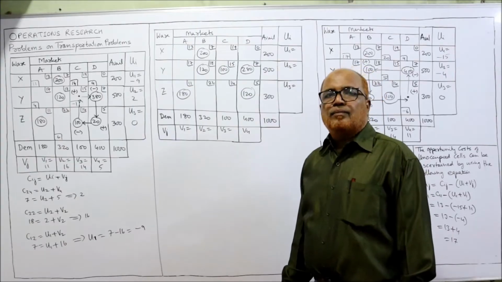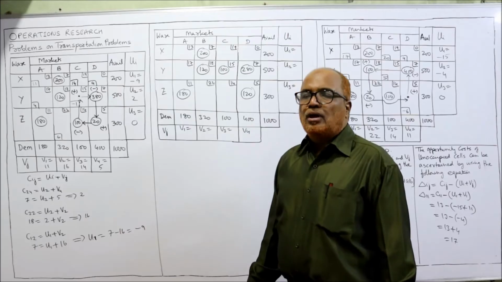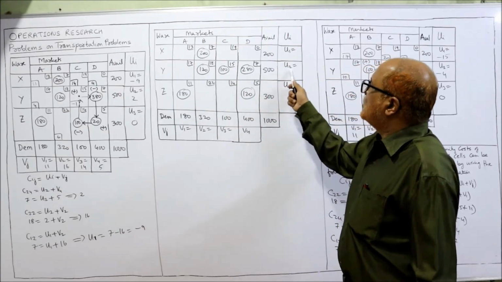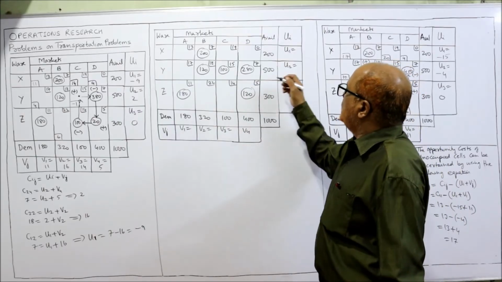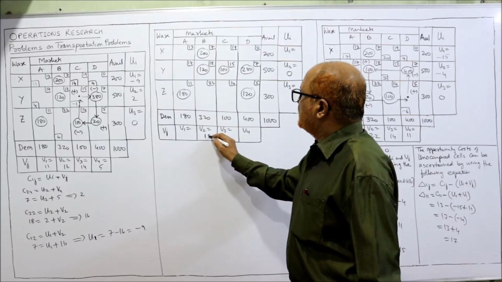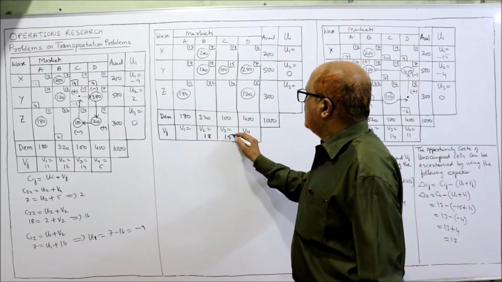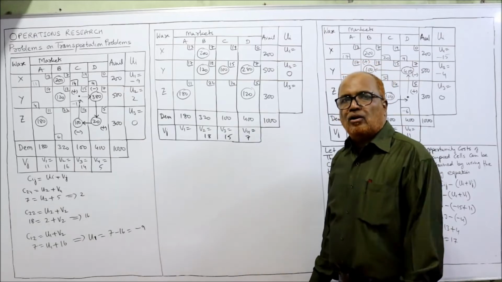Now again we have to take any one of the u as 0. I am taking u2 equal to 0 because three allocations are there in this row. So u2 is equal to 0. So here 18, here it is 15, and here it is 7. Three values directly I got.